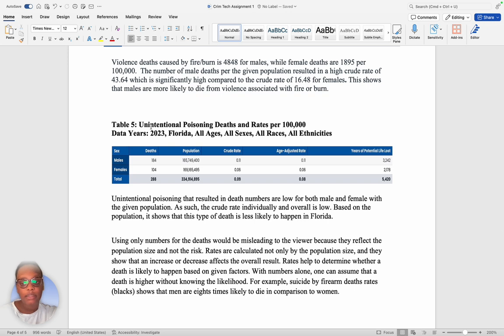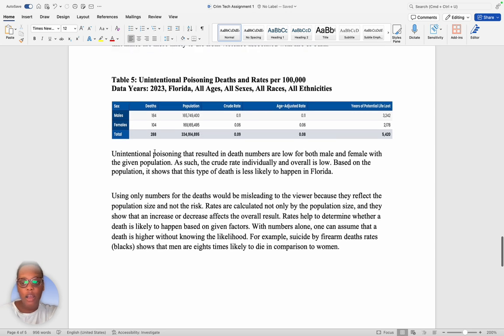Table 5. Death is by unintentional poison. Year is 2023. State is Florida. All ages, all sexes, all races, all ethnicities. Unintentional poison deaths are low for both male and female with the given population. As you can see, male deaths are at 184 and female deaths are at 104.